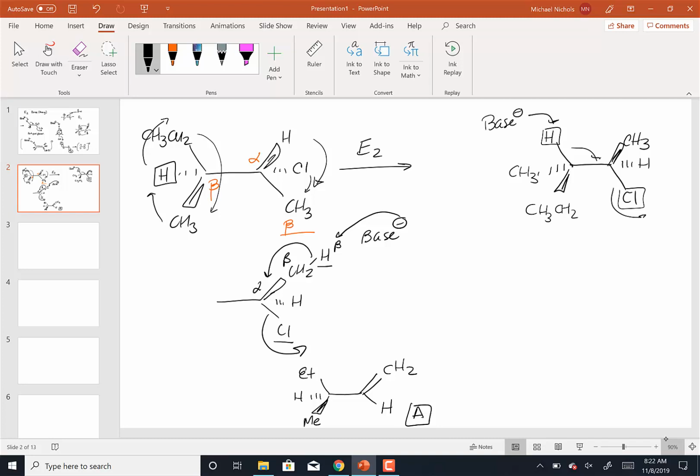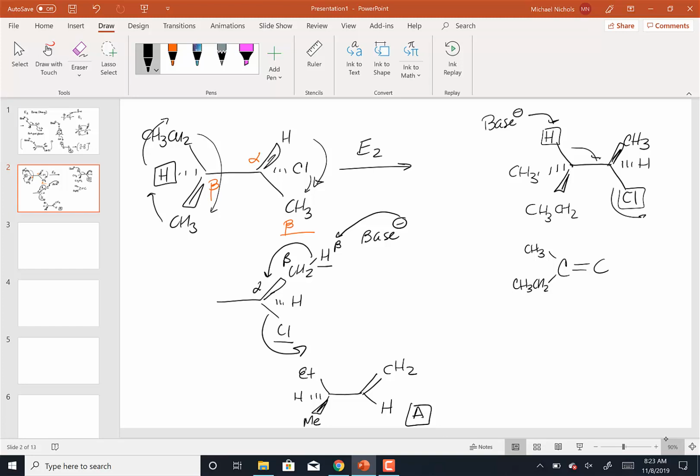Now the critical part of this is that when you're writing the carbon-carbon double bond, the groups that are bold are going to be cis. The groups that are dashed are going to be cis. So over here, I have a methyl and an ethyl group. And it wouldn't matter whether I put the methyl group or the ethyl group on top or bottom.